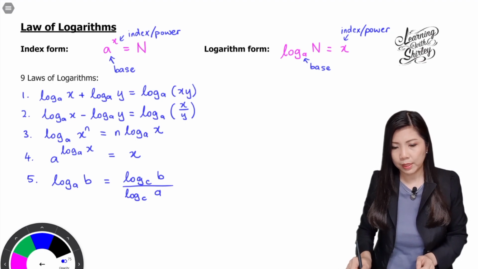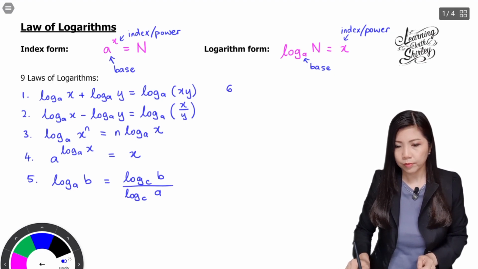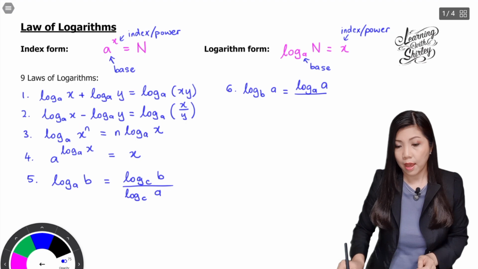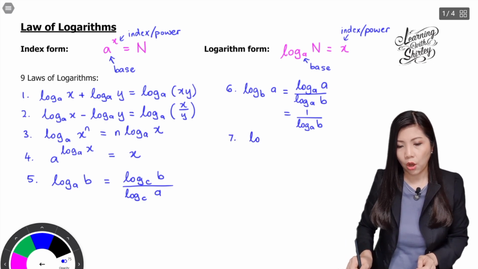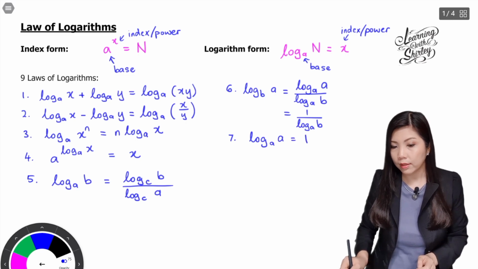As for number 6, log b a equals log a a over log a b, so equals 1 over log a b. Number 7, log a a equals 1.